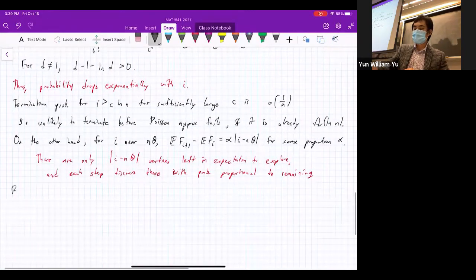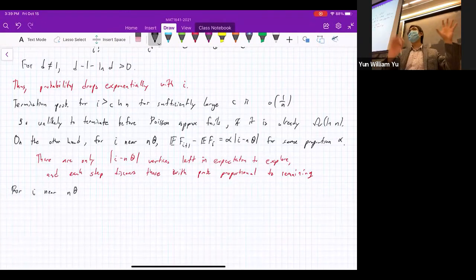And so for I near n theta, remember, originally we were looking for very small I, and that's when the Poisson approximation held. So now for I near n theta, we're going to use a different approximation. We have the binomial as our starting point, but there are other approximations of the binomial, right? Which would be a statistician's favorite approximation of the binomial?